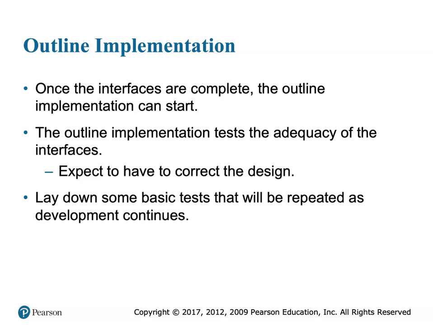And you're going to walk through that and say, oh, wait a second, I forgot that I also need this piece of information. I need to pass another parameter. And so you'll modify your interfaces. In fact, you should expect to have to correct the design. You're not going to get it right the first time, and that's perfectly okay.